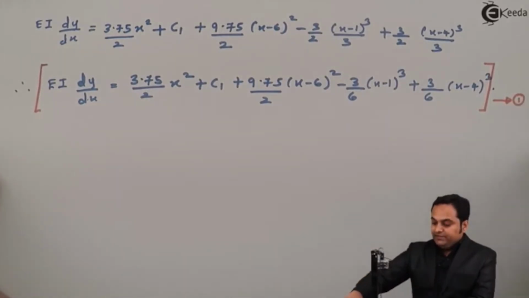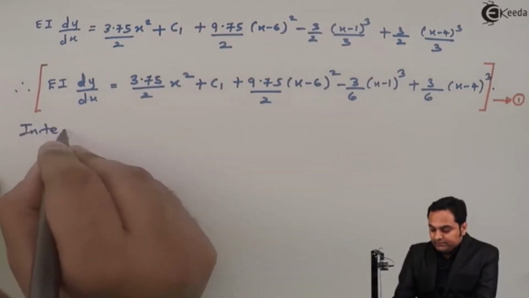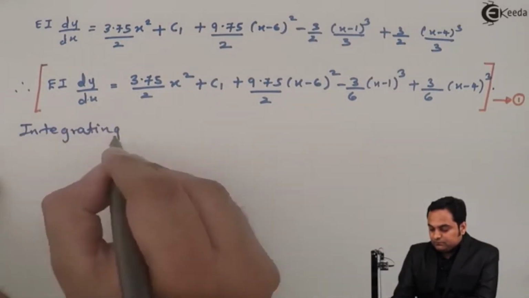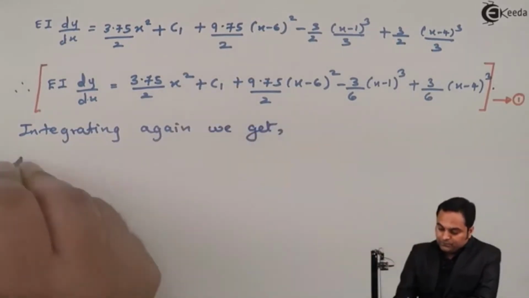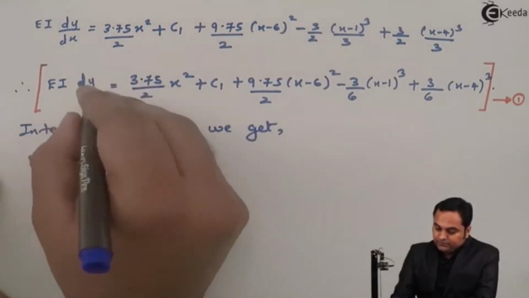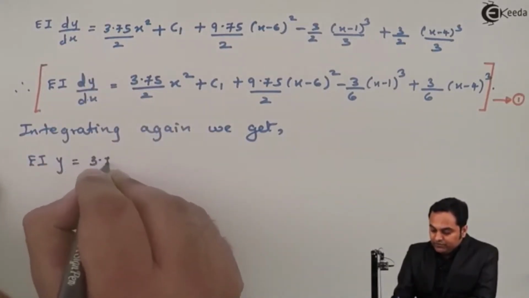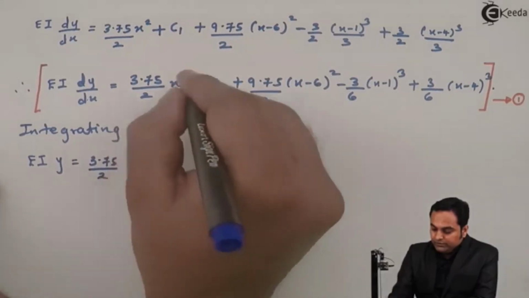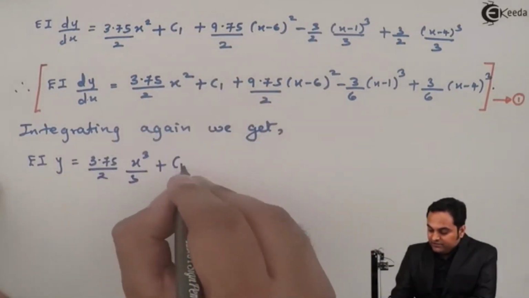Next, integrating this equation again, we get EI, the integration of dy by dx is y, here we have 3.75 by 2, integration of x square is x cube by 3, plus c1 into x.